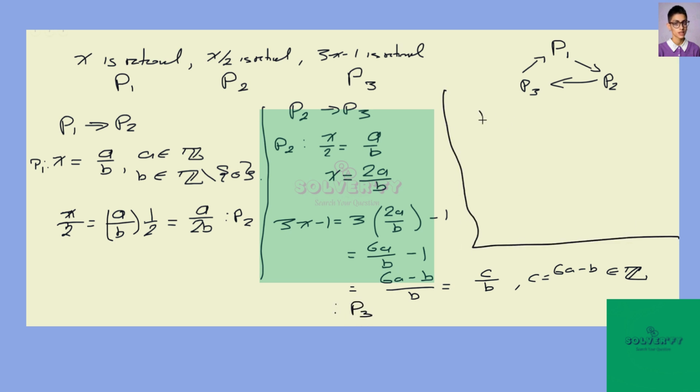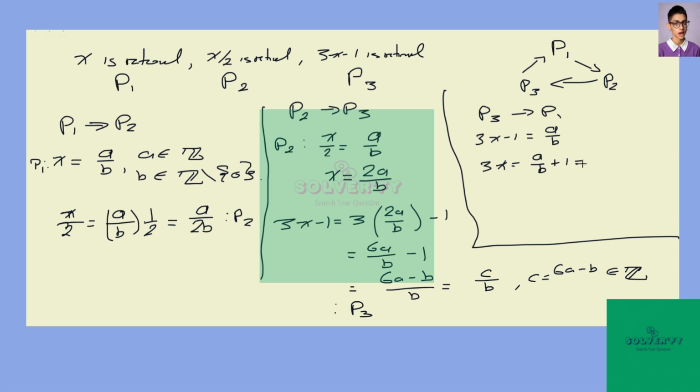Now for the last one, proposition 3 implies proposition 1. If 3x minus 1 is rational, then we can write 3x minus 1 as being a over b, where a is an integer and b is an integer not equal to 0. Moving the 1 across, we have 3x is equal to a over b plus 1.